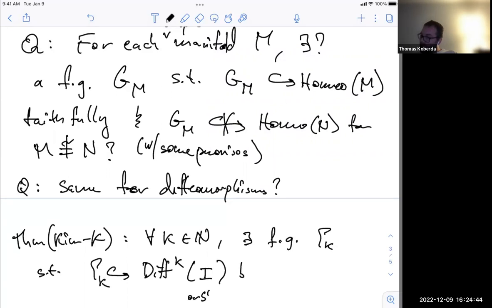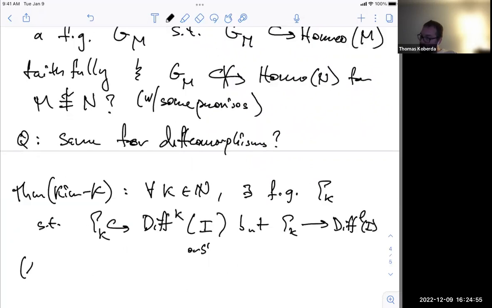But any homomorphism from gamma k to diff L of I, for L greater than k, has abelian image. Here gamma k is not abelian to begin with.